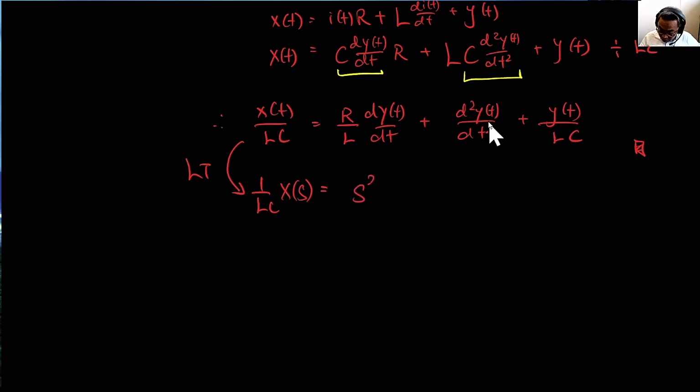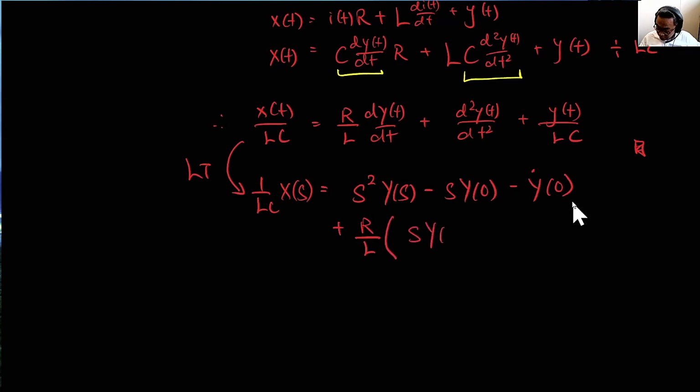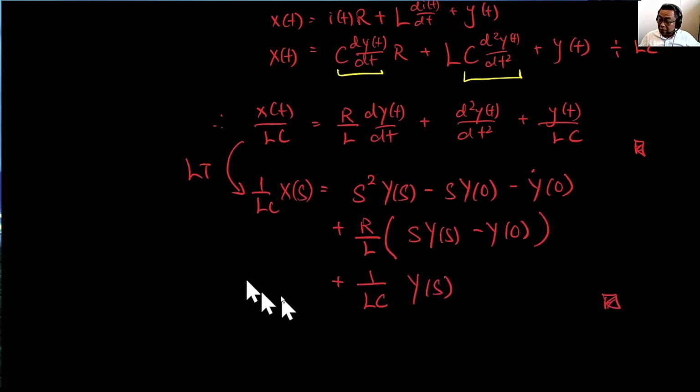So we have s squared Y(s) minus s y(0) minus y dot (the first derivative) at 0. That's the initial. These are the two initial conditions that are required. Second one is plus R/L, open up the bracket, s Y(s) minus y(0), and then plus 1 over LC Y(s). So this is the equation in the S domain of the differential equation.